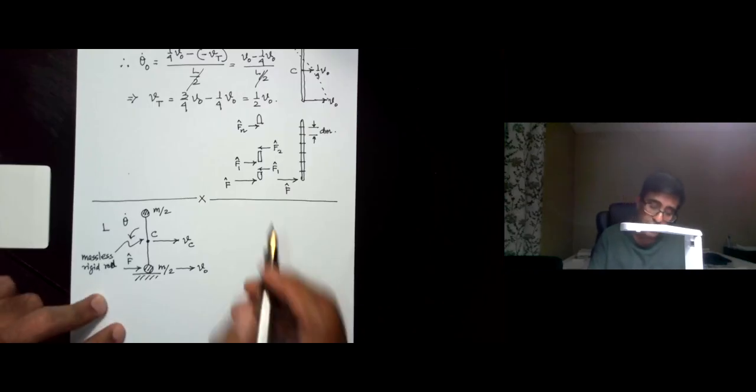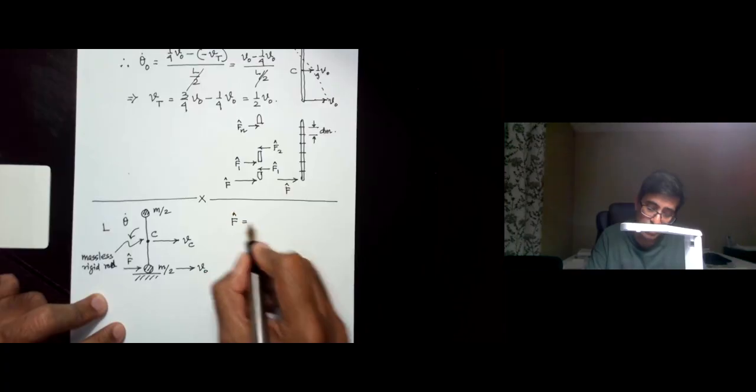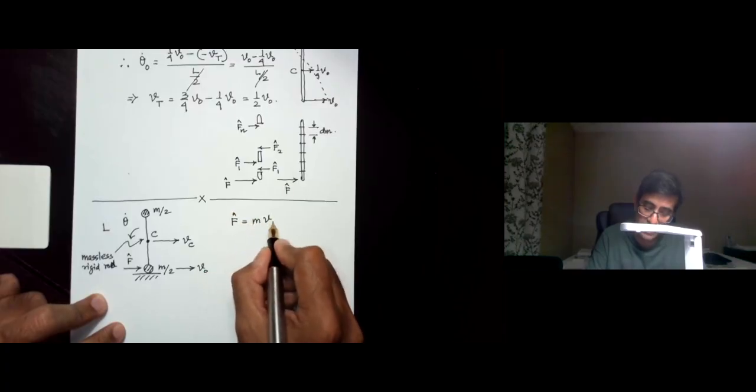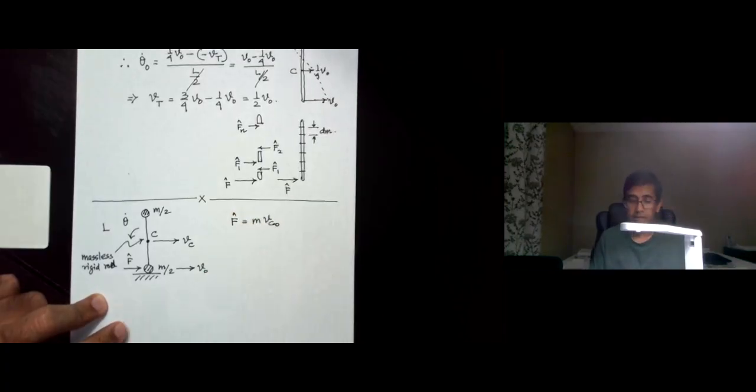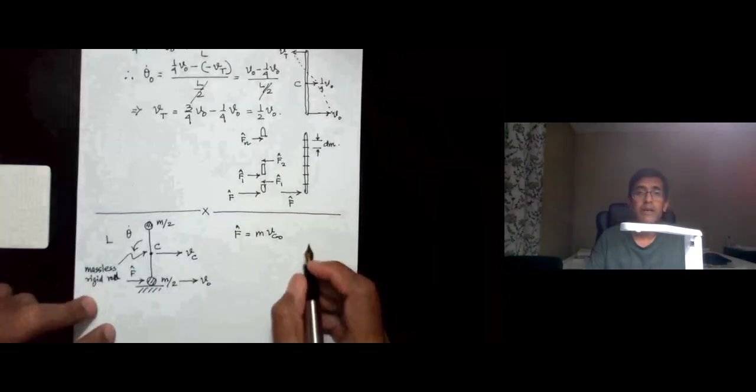Let's see if our results are going to be the same or different. So we still have f hat is equal to m times vc naught.